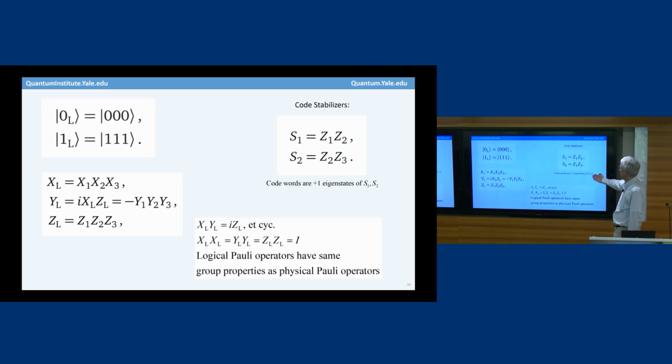And the code words are +1 eigenstates of each of these stabilizers or joint parities. Okay? Because I get +1 times +1, if I were to measure that, -1 times -1 for that. So they're +1 eigenstates. Okay? So if I measure these quantities and they're both +1, I know I'm in the code space.